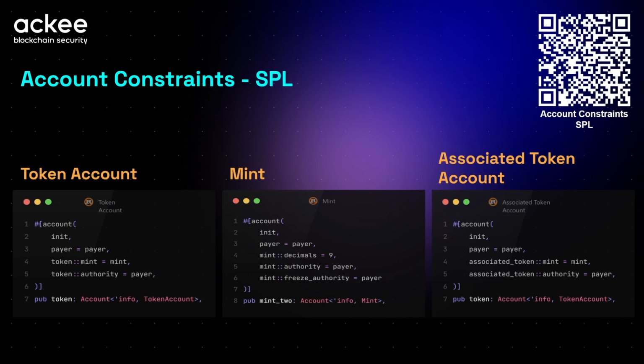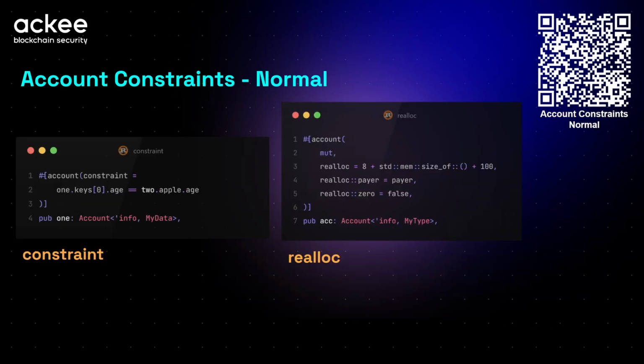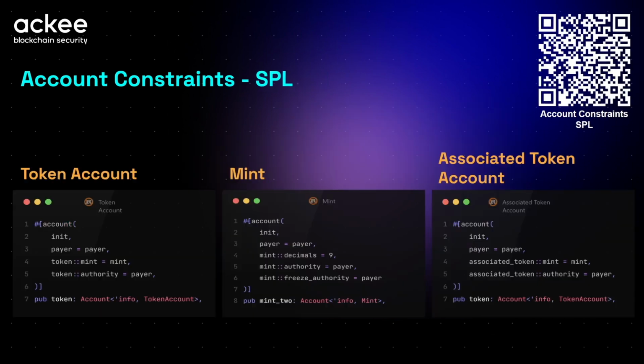Then, for example, you can also mix it with the previous constraints, let's say on this slide with the constraint named constraint. And you can check that the token amount is actually greater than maybe some instruction parameter amount. Let's say you are working on a swap and someone wants to buy some amount of tokens, you can use this instruction input parameter to check that the token account has actually more than this amount that the user would like to buy.